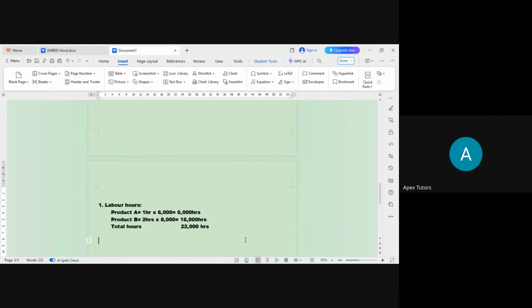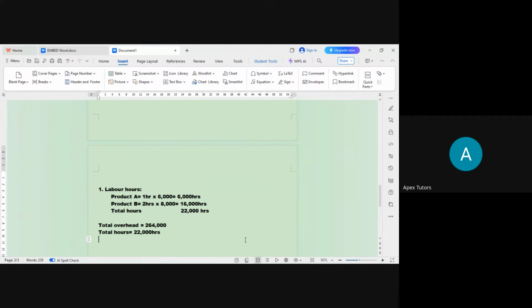Total overhead is what? 264,000. The total hours we have is what? As computed above, 22,000 hours.